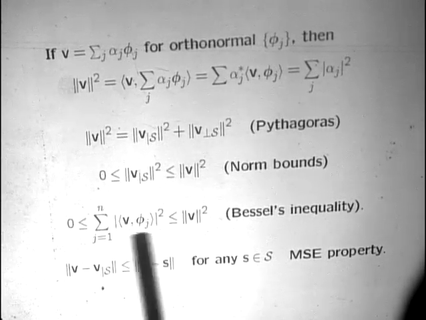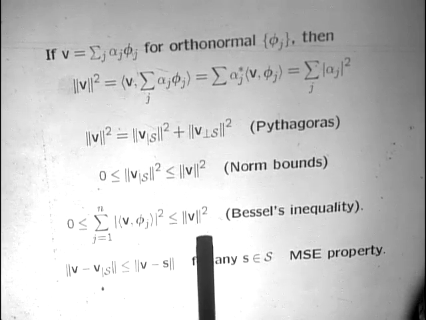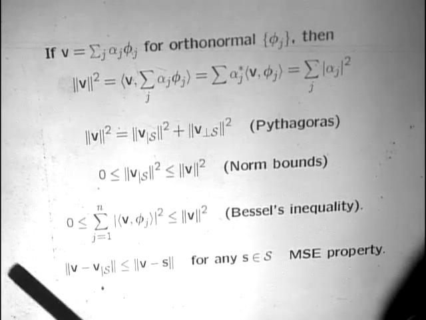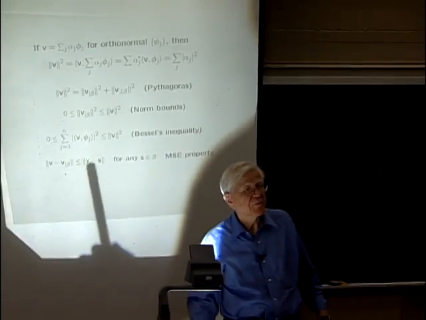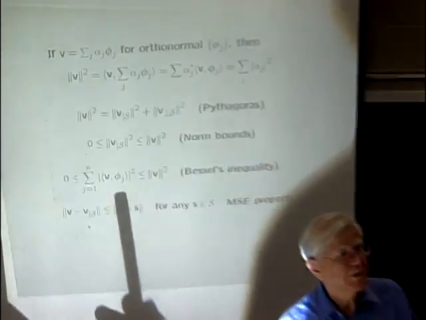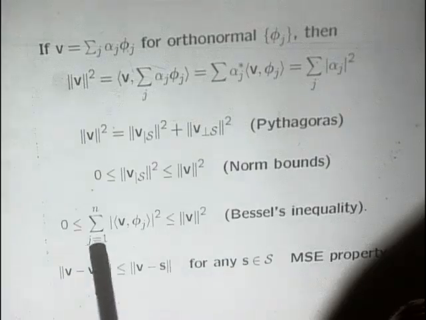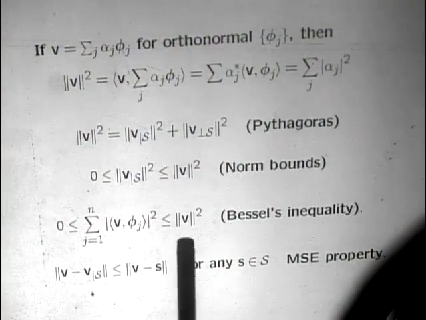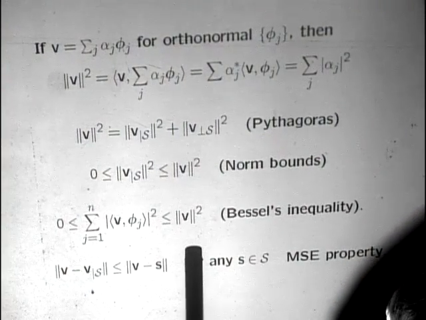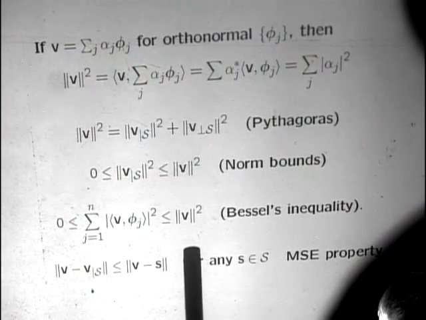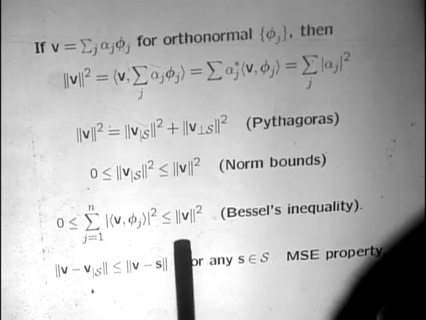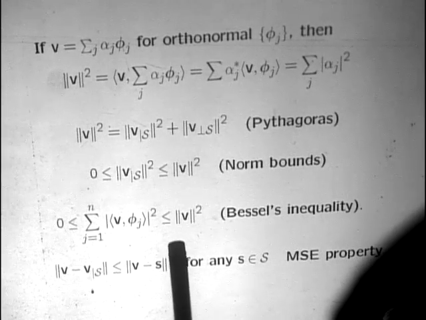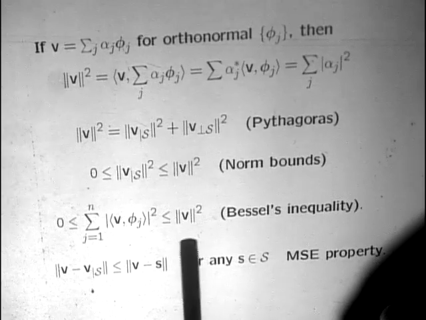That's less than or equal to the energy in V. In other words, if we start to expand as n gets bigger and bigger, and we take these inner products and square them, no matter how many terms I take here, this sum is always less than or equal to the energy in V. That's called Bessel's inequality, and it's a nice, straightforward thing.